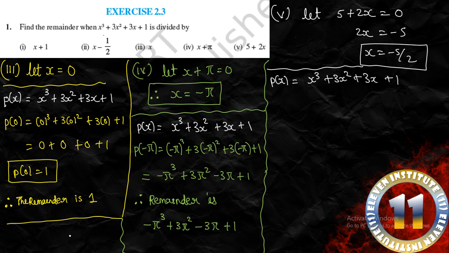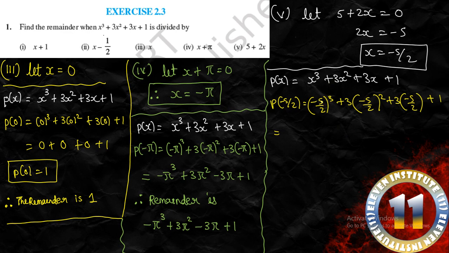This is our polynomial. Now instead of x we will write minus 5 upon 2. Clear? Wherever there is x, we have written minus 5 upon 2. Now let us solve this.